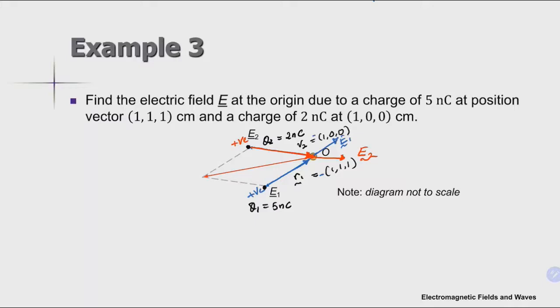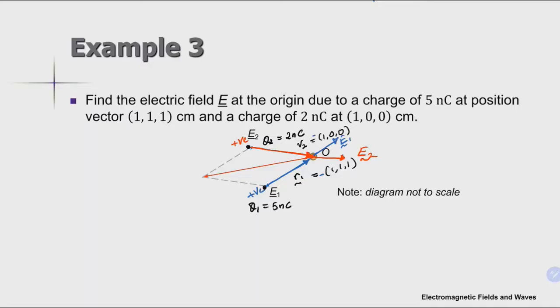So if I take from Q2 pointing to the origin, that will be negative of 1, 0, 0. Similarly for R1, from origin pointing to Q1, that will be 1, 1, 1. So now I want the vector to be from the positive charge, from my Q1 pointing to the origin, that will be minus 1, 1, 1.